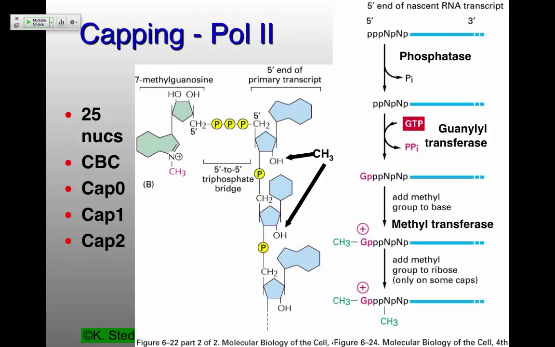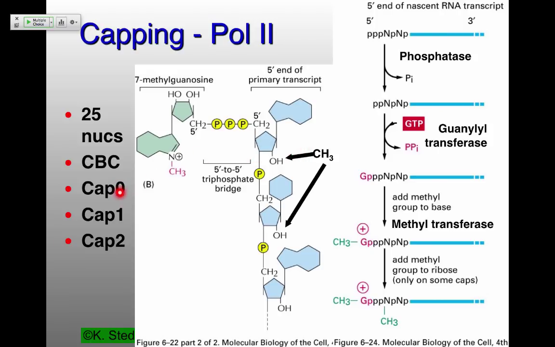And this is also methylated in the base itself. So this 7-methylguanosine is attached to the 5' end, and in many cases you will also have methylation of the first or second of the riboses that are present in this messenger RNA.